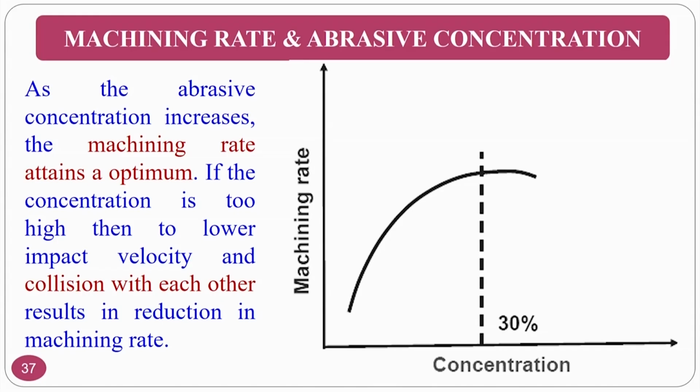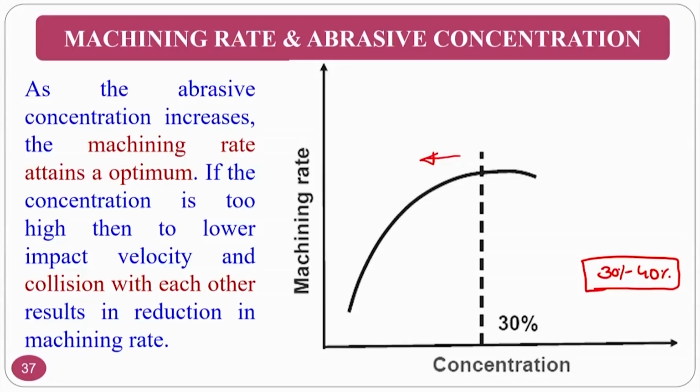If you see the concentration, as I said, normally 30 to 40 is the optimum in the abrasive slurry. Okay. So, what will happen if you are increasing the concentration? The number of abrasive particles per unit time in the machining region will increase. Beyond which, if you are increasing, what will happen? The area that you have in the tool is a constant, but if you have a large number of particles, the particles will also collide with each other.